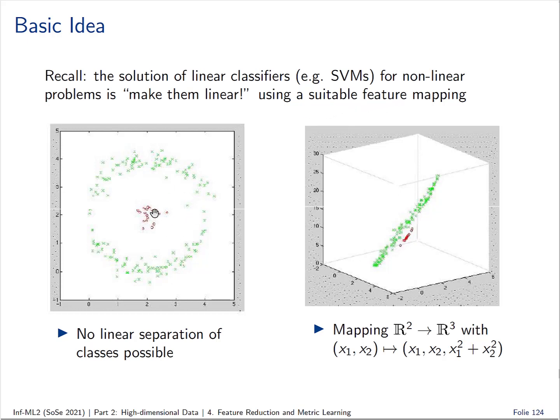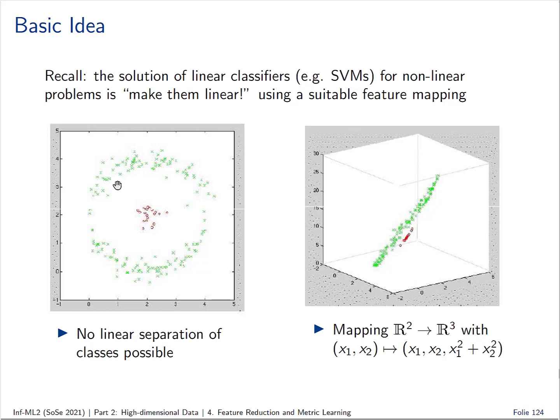So here is an example where we want to distinguish between the green observations and the red observations. This is a two-dimensional case, so a linear model would try to find a line that separates the two sets of observations, the reds from the greens.